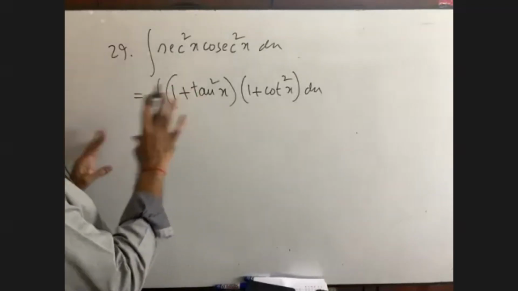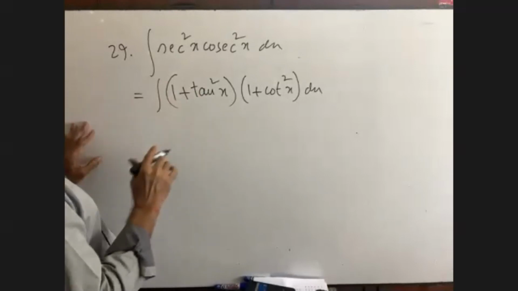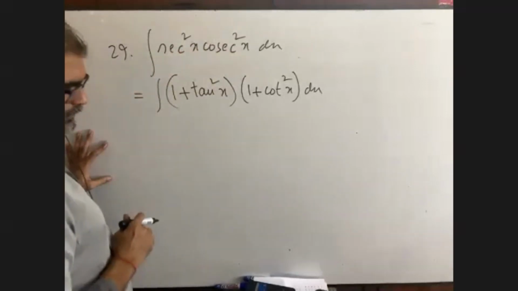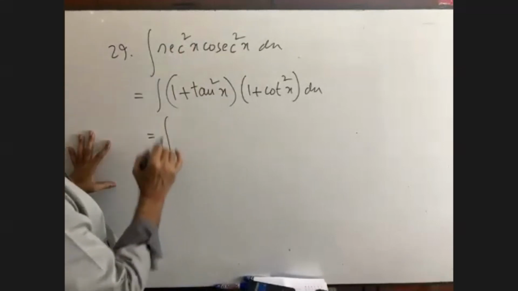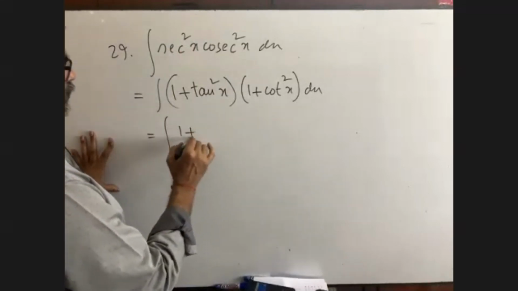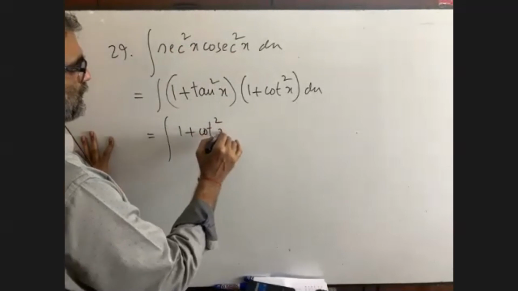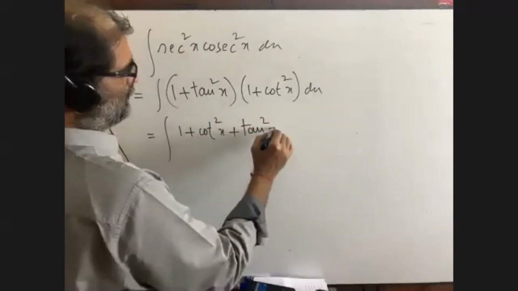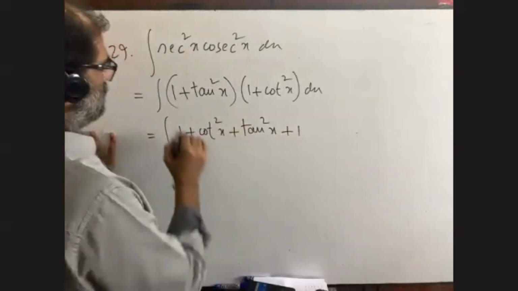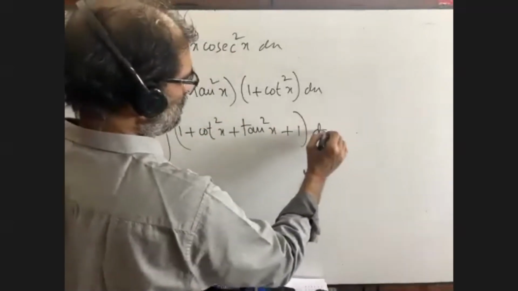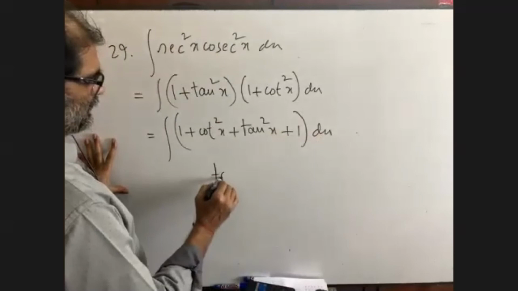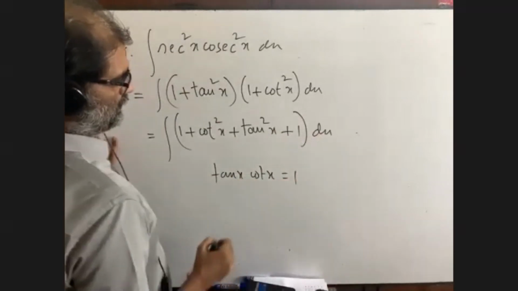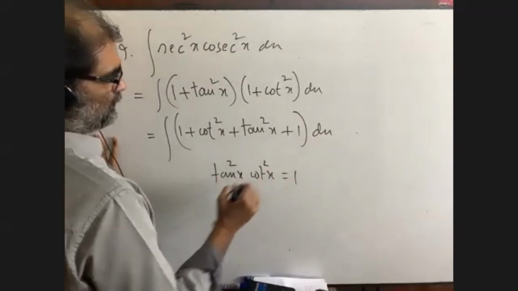And we don't have any other rule to do this math because it is in the form of multiplication and we don't know that. So we are getting here 1 plus cot square x plus tan square x plus 1. We know that tan x cot x equals 1, its square also will be 1.